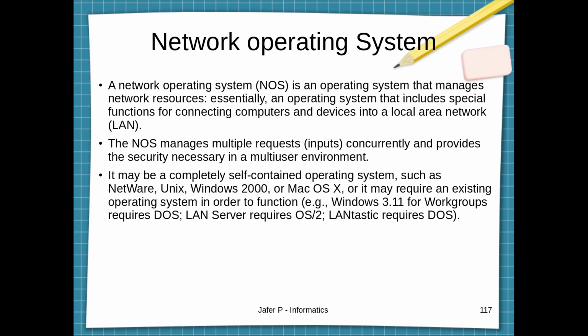It may be a completely self-contained operating system such as NetWare, Unix, Windows 2000 or Mac OS X, or it may require an existing operating system in order to function. For example, Windows 3.11 for Workgroups requires DOS, LAN Server requires OS/2, LANtastic requires DOS.